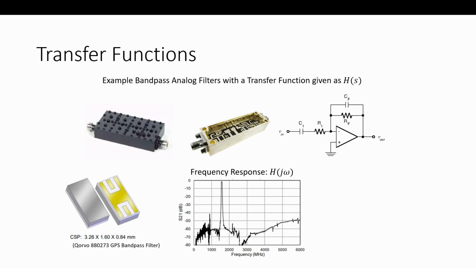And here's a GPS filter, and here's a frequency response we might see. Here's the frequency going from DC to 6 gigahertz, and we see on a dB scale that everything's going to pass through in this narrow area right around 1.5 gigahertz where the GPS signal is, and rejecting it everywhere else. So that's showing us the transfer function and how it relates to the frequency response.